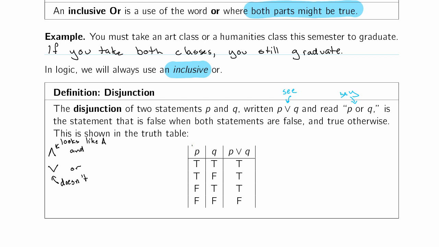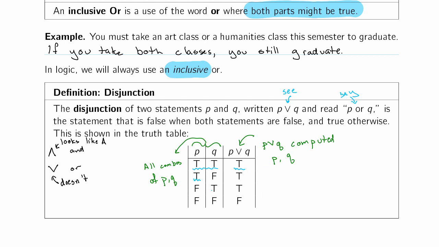But again, in our truth table, we have all possible combinations of P and Q, and then in this column we show P or Q computed from the values of P and Q. Right, so here we have both of P and Q true, so P or Q is true.